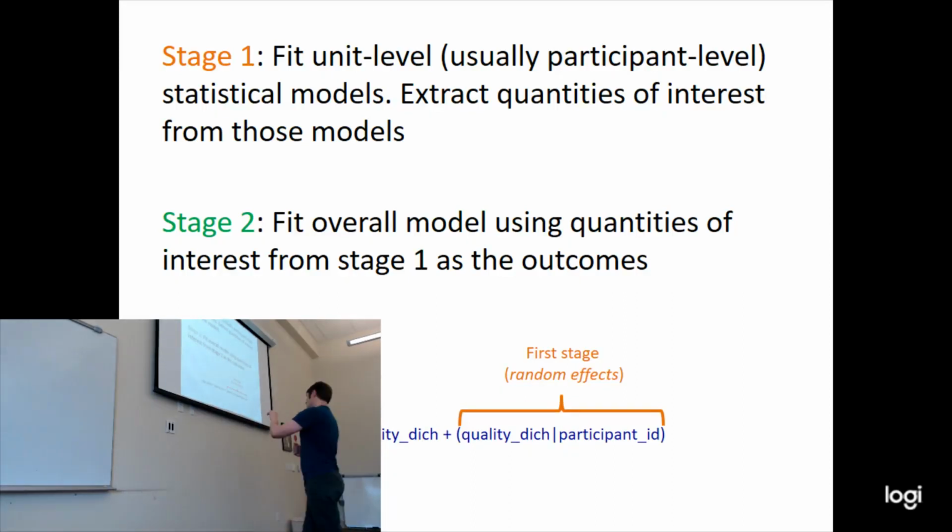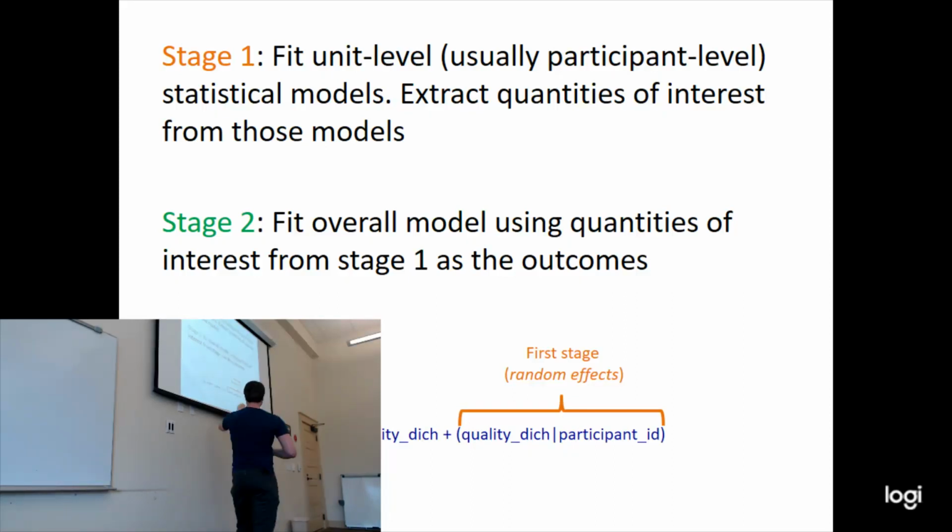So we're telling lmer for each unit defined by participant ID, each participant ID represents one reviewer level, I want you to get a slope for quality underscore dichotomous, and by default, it also gives you an intercept, just like by default, this part will give you an intercept here.